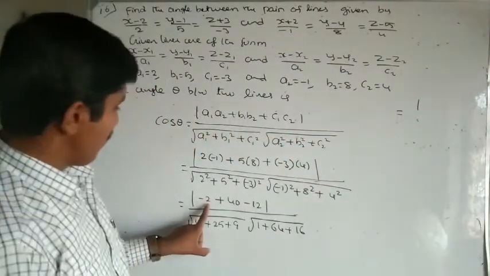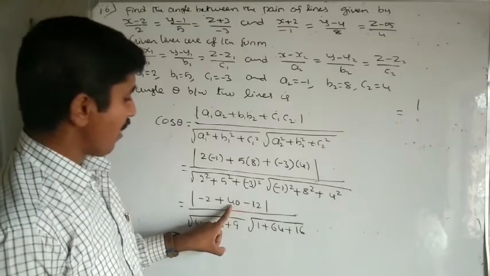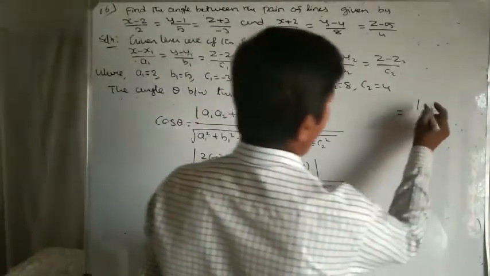Modulus of minus 2 minus 12 is minus 14, plus 40 is 26.